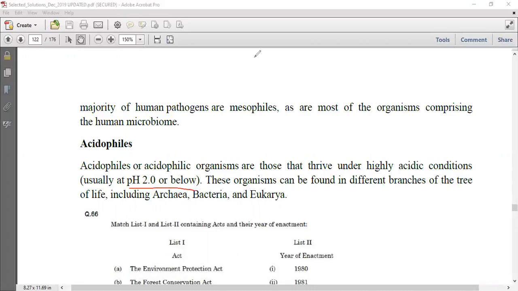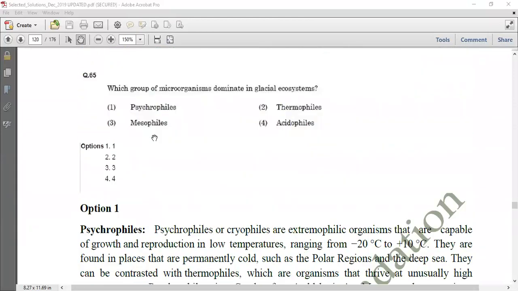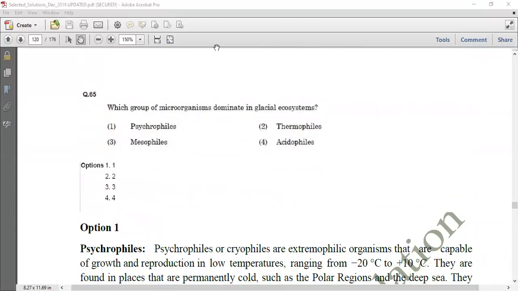Now this question becomes very simple and we can easily omit other choices. Which group of microorganisms dominates in the glacial ecosystem? The glacial ecosystem is at ultra low temperature, so psychrophiles, or cold living organisms. First is the correct answer.